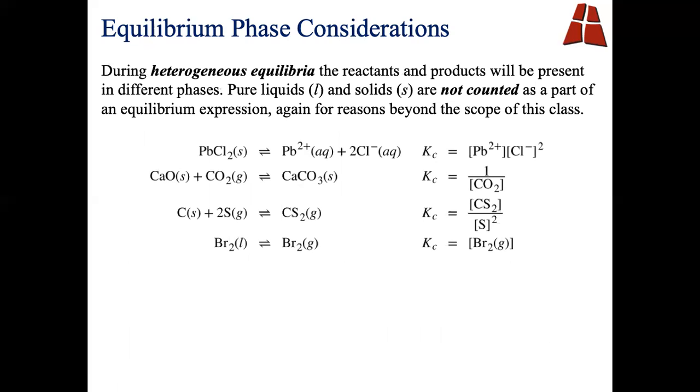The reasons for that is beyond the scope of this class, but essentially you wouldn't have to include this PbCl2 because it is a solid, same with calcium carbonate, same with carbon, same with bromine here, okay? We would not count those in the equilibrium expressions that are shown on the right because they are not a part of the equilibrium expression because they are solids or liquids, okay?